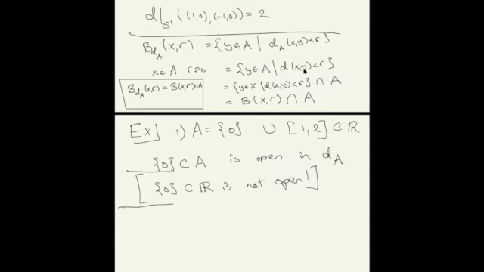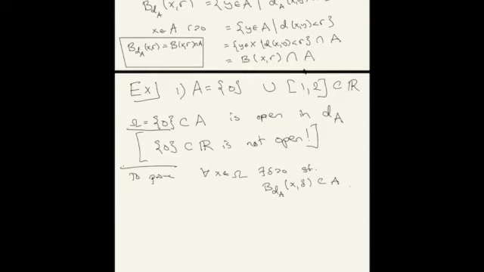And why is this? Well, we have to show that for every x in our set omega, there exists a delta positive such that if we take the ball in our restricted metric, centered at x, radius delta, this is contained in omega.